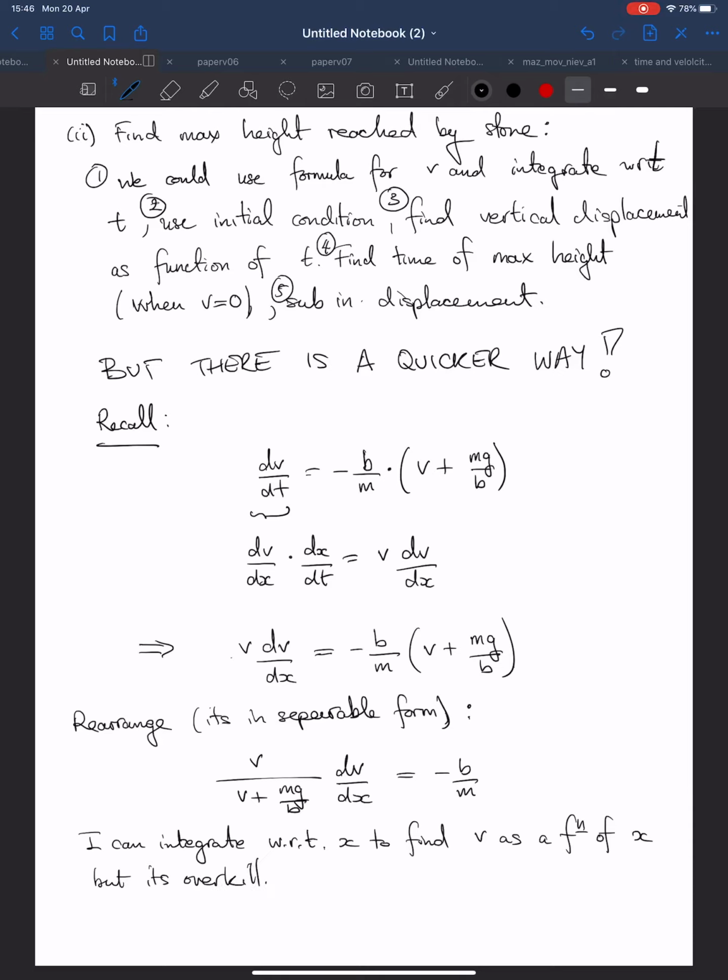So, why is it overkill? Well, we just need a value for max height.